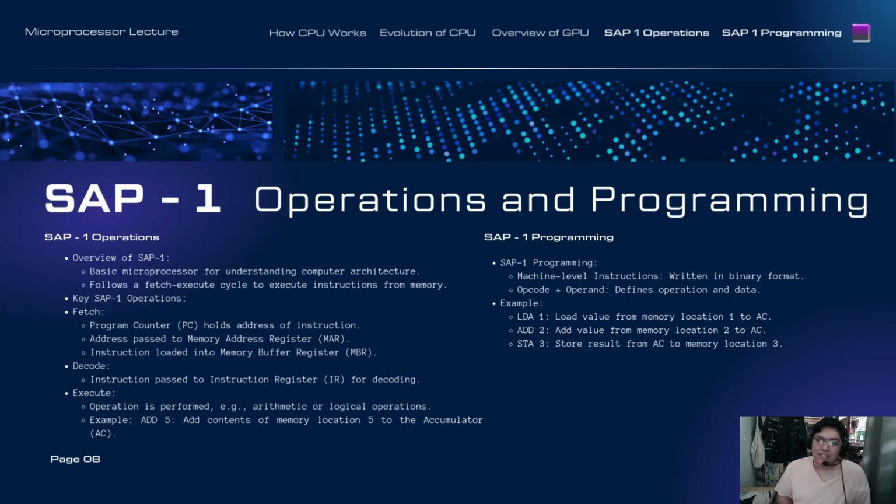By following the basic steps of fetching, decoding, and executing instructions, users will be able to gain valuable insight into how complex microprocessors operate. This basic architecture is foundational for understanding more advanced processors, and the SAP1 serves as a stepping stone for grasping key computer architecture concepts, and also helps beginners understand how computers work and how computers interact with memory, input and output.